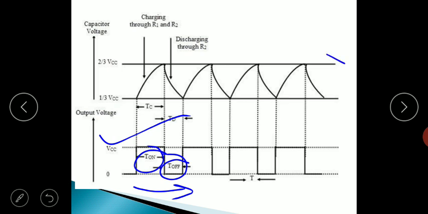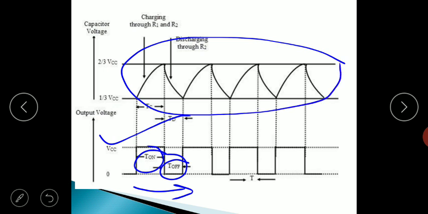And if you see this waveform, this is the capacitor voltage which we get across the capacitor, and you can see here the capacitor starts charging from 1/3 of VCC. It will go on till 2/3 of VCC, and when it reaches 2/3 of VCC, it starts discharging.